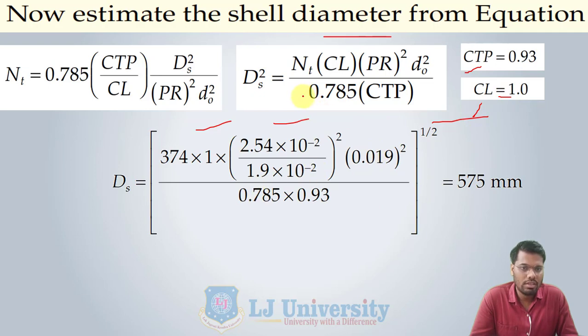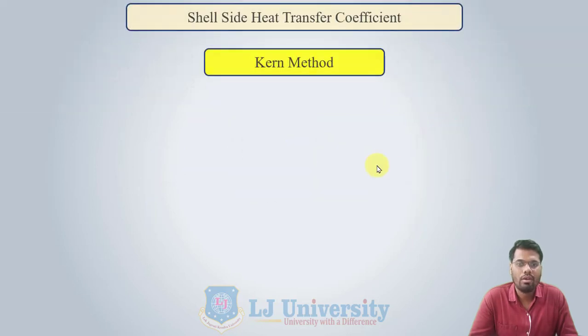Putting the values in this equation: number of tubes 374, CL 1, PR which is the pitch ratio, PT divided by the outer diameter, 0.019, 0.785 times CTP, where the value of CTP is 0.93. So we will get the shell diameter as 575 mm. Now first we are going to find the shell side heat transfer coefficient by the Kern method.